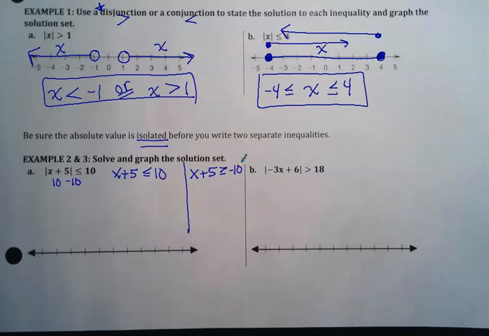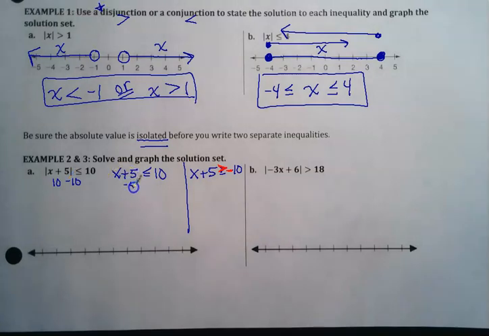I flipped the sign here. I made it a greater than or equal to, as well as making this a negative. Because this number could be 10 or it could be negative 10, we have to flip the sign to solve that. All right, and then we're ready to solve it.